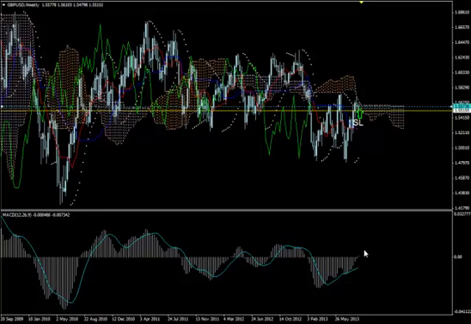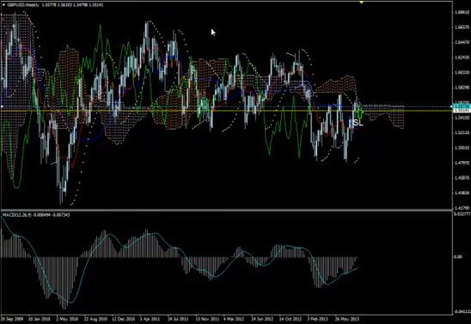At the zero line, there are changes in the momentum, and we expect from the picture that MACD gives us to see the bullish histogram going up, building up, which represents bullish momentum.